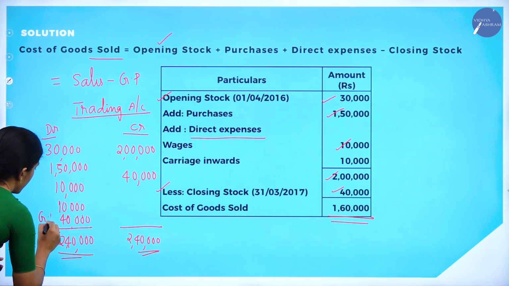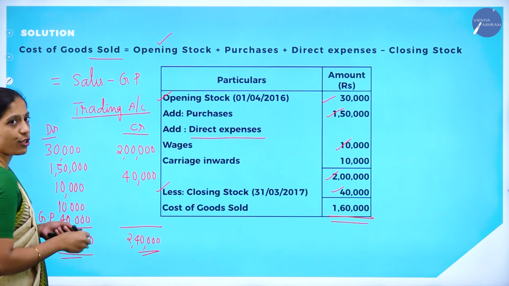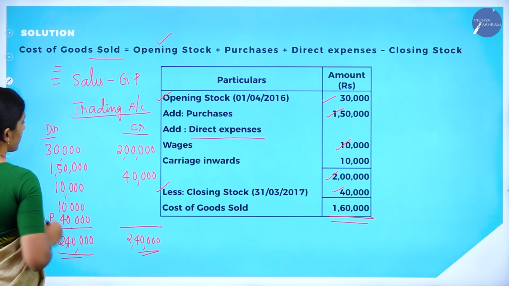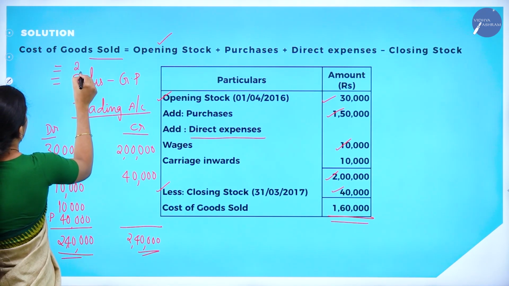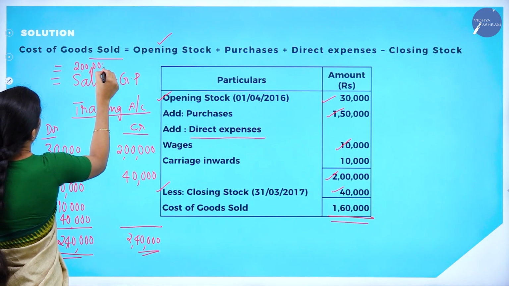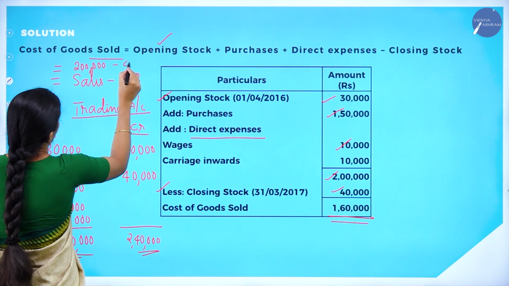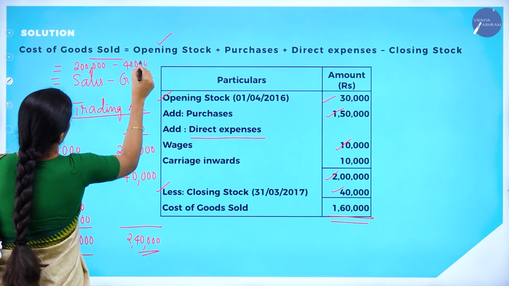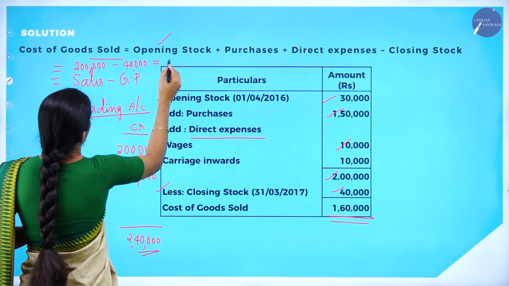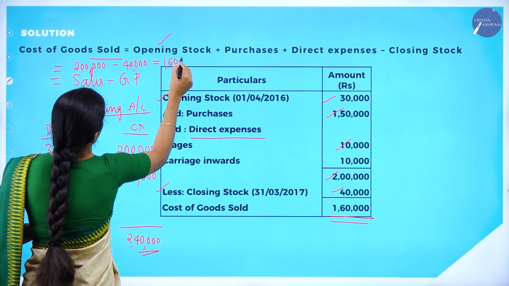So according to this formula, sales minus gross profit. How much is sales? Sales is 2 lakh minus gross profit 40,000. So cost of goods sold is equal to 1,60,000.